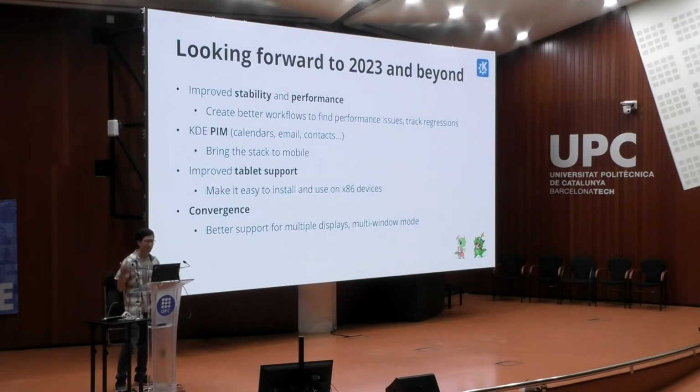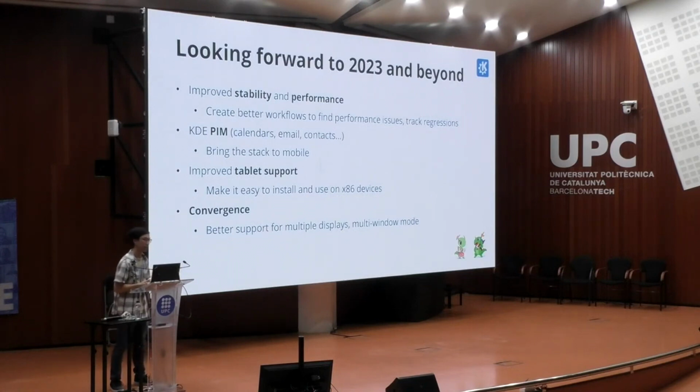Now we need to investigate a lot of the issues on the mobile devices that Plasma Mobile has been ported to, like suspend, waking from suspend, and bugs with window management. We need to spend more time creating better workflows for investigating these day-to-day regressions that happen on our dev branch.